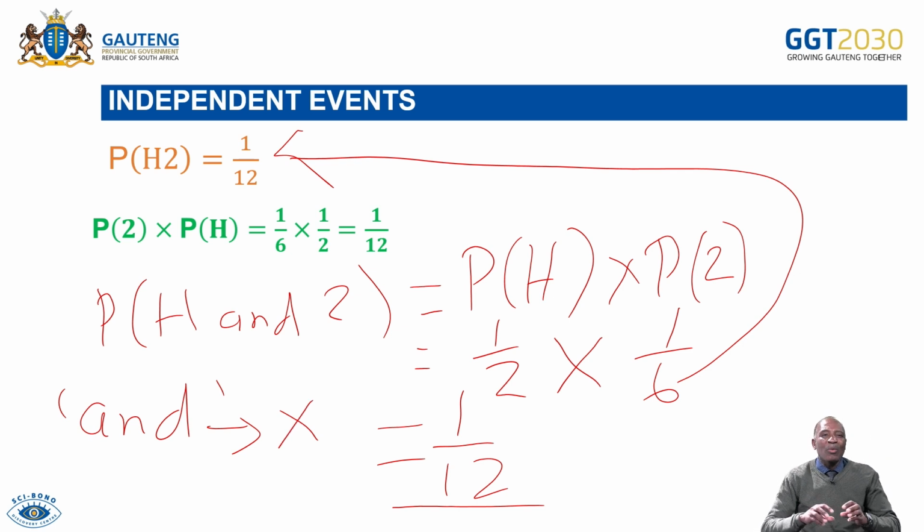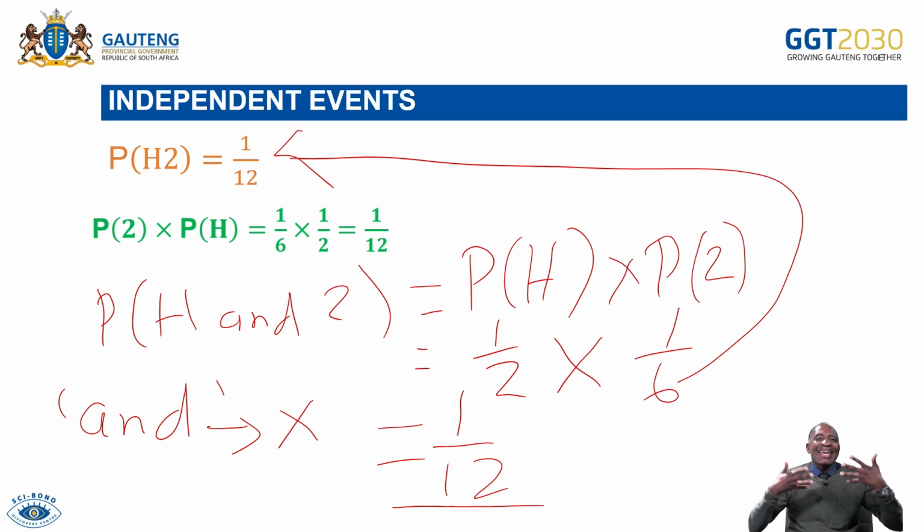So when we say probability of H and 2, that 'and' will be converted to a multiplication. So you find the individual probability of each experiment, then the moment we see the connection 'and' in probability, we multiply the individual probabilities to obtain the final answer, which is an intersection of obtaining a head and a 2.